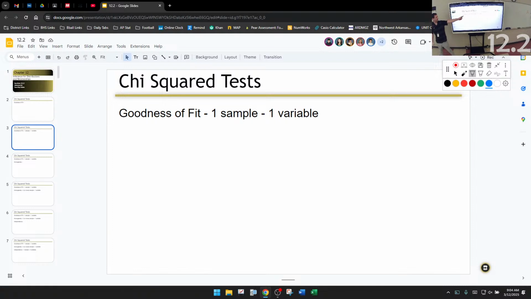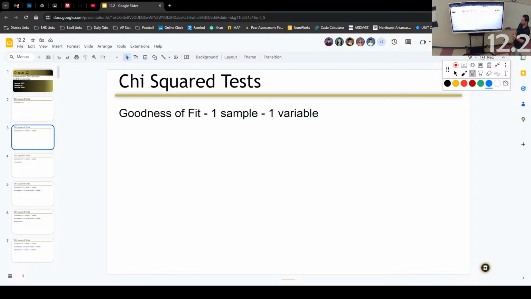The goodness of fit test comes from one sample, one variable. That's going to be your big key on it being goodness of fit. All of yours from Monday were one sample, one variable.